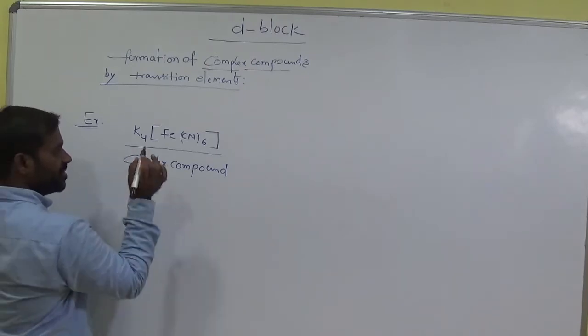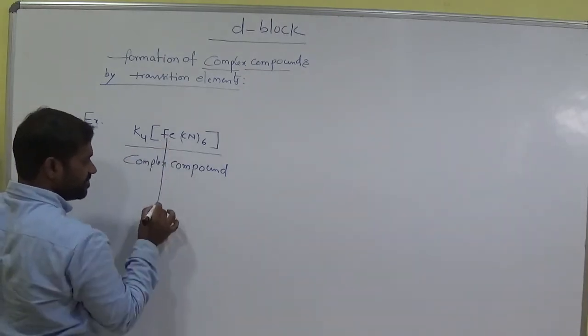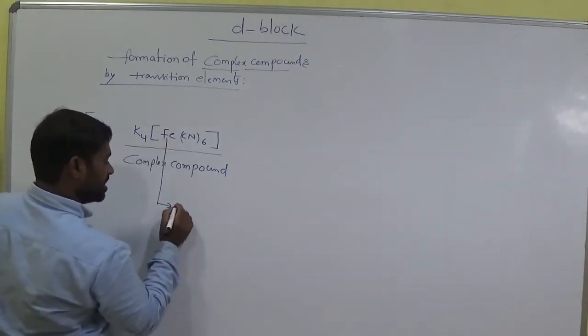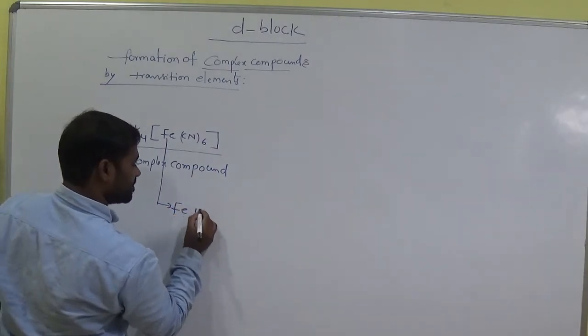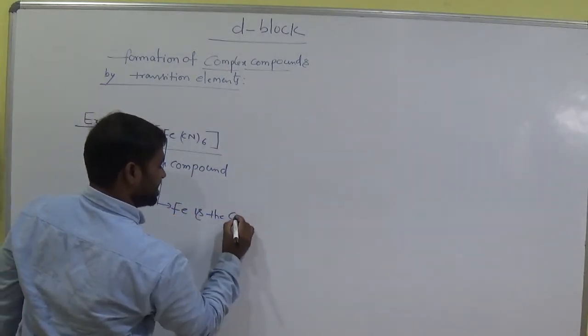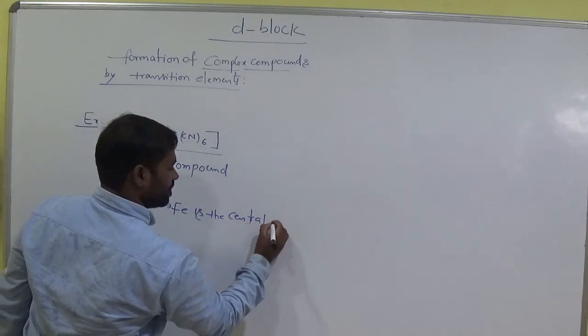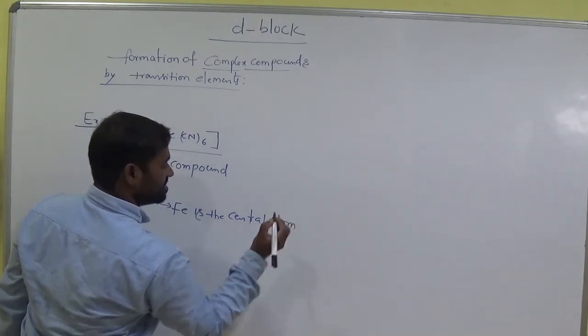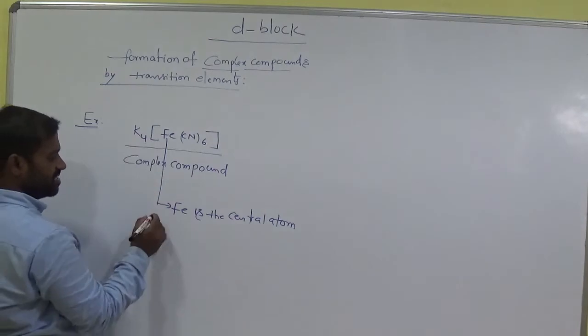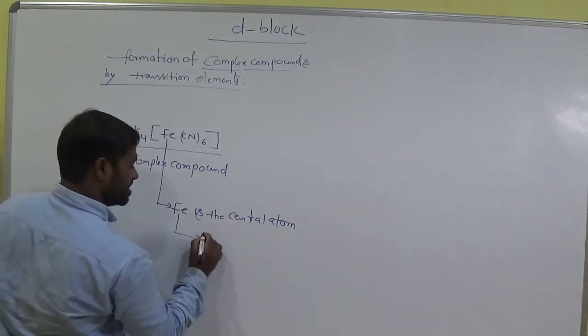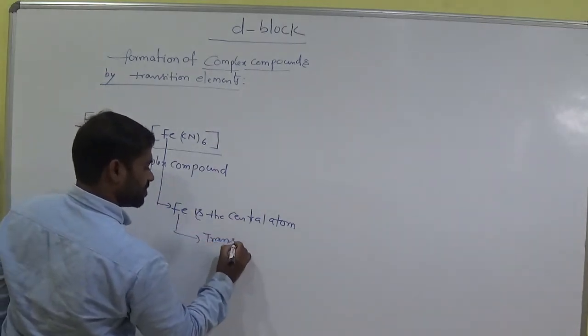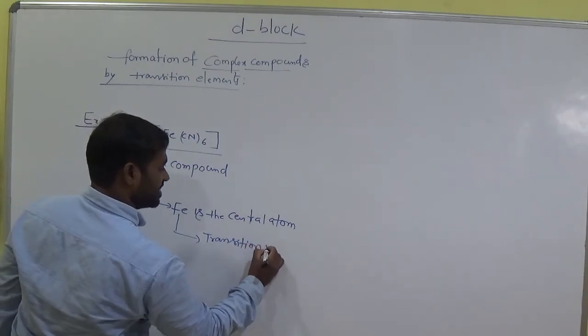Now if you observe here, this iron, Fe, is the central atom in this complex. Am I right? Iron is a transition metal.